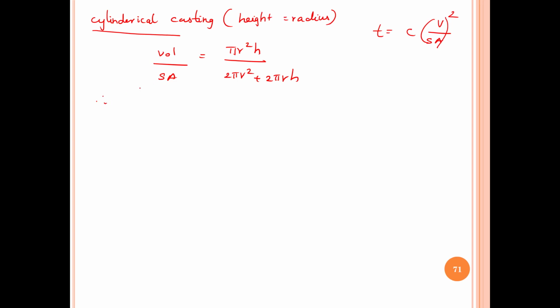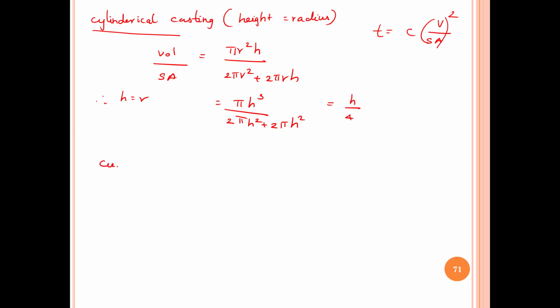Since they are giving in the question h equal to r, we replace r with h, which gives pi h cube divided by 2 pi h square plus 2 pi h square, which is equal to h by 4. This is for cylindrical casting.